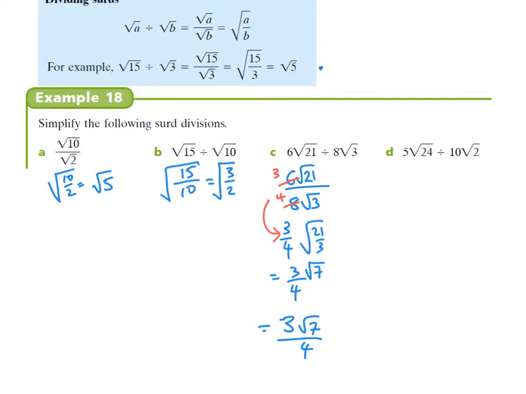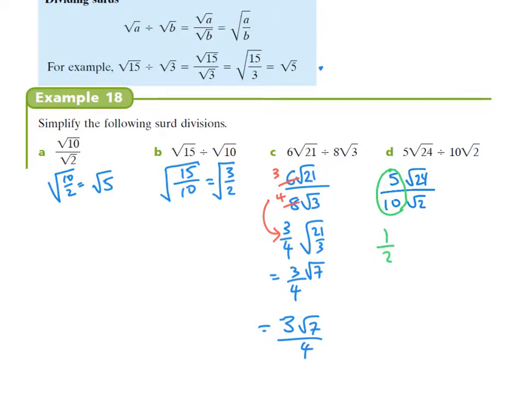Okay, last one in the set is similar. 5 square root 24 over 10 square root 2. So we can firstly just look at the number part, the clean fraction, and 5/10 reduces to 1/2. So we can cancel that down to a half in that case.